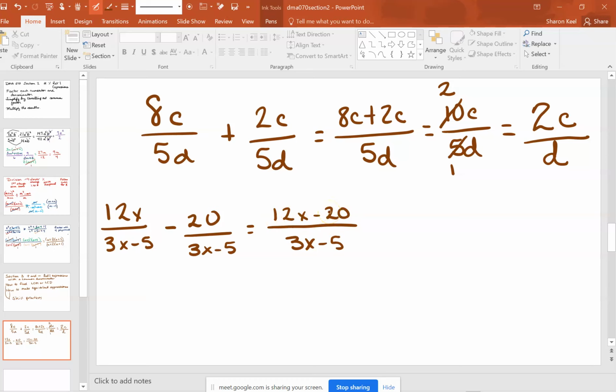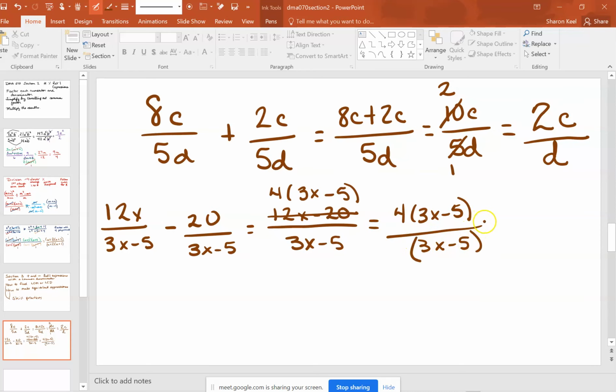These two both have in common the number 4. If I factor out a 4, I'm left with 3x minus 5. So if I have 4 with 3x minus 5 over 3x minus 5, do I have anything here that can cancel out? Yes, that 3x minus 5 cancels, and my final solution here is going to be just the number 4.